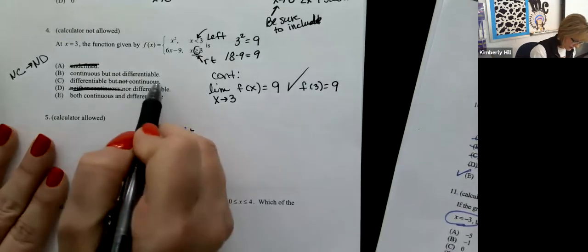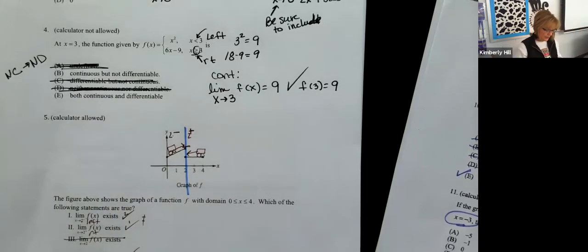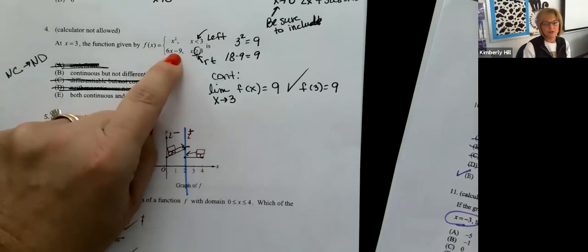This one says not continuous. So see how I go through and just mark out things? So now I have to decide, is it continuous and how does the differentiable part come? So you would have to look at this, and Michael, if you've got a better way to do this, please tell me. For this one, I would just look at it and say, well, I have a parabola.